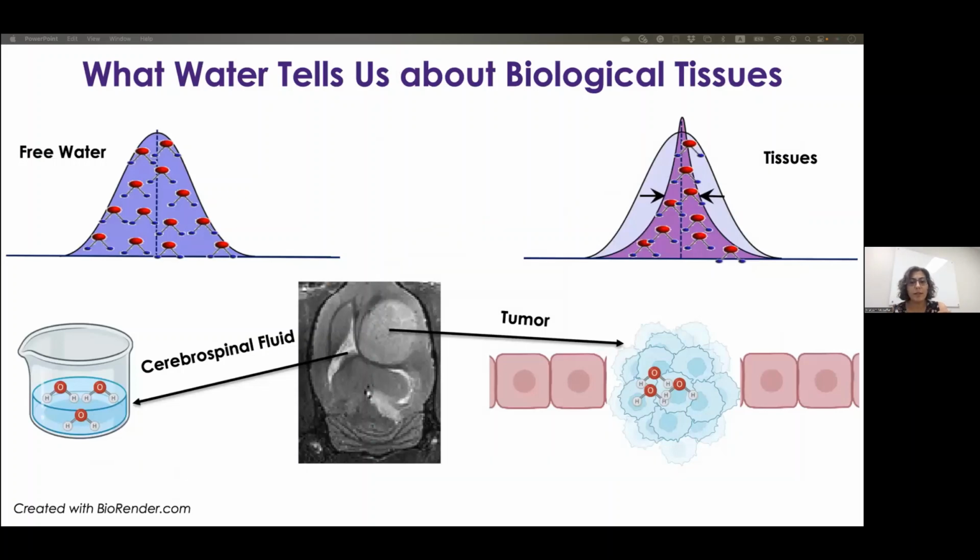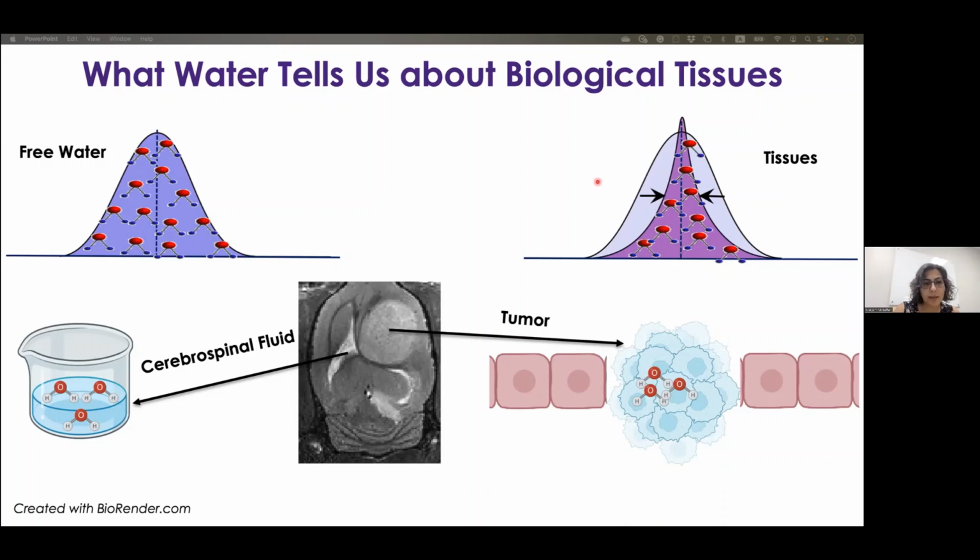When water molecules diffuse freely, such as in a glass or a brain ventricle containing cerebrospinal fluid, or CSF, the random displacement of water molecules obeys a Gaussian distribution. In tissue, diffusion is constrained by molecular or cellular obstacles.